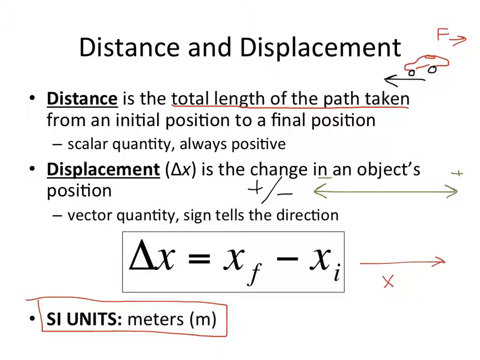So if our final position equals 7 meters and our initial position equals 3 meters, we moved from 3 to 7. So you can say, okay, our change in position equals 4 meters. That's the whole concept behind that. So you always take your final minus the initial, and that'll tell you what the change in distance or displacement is.